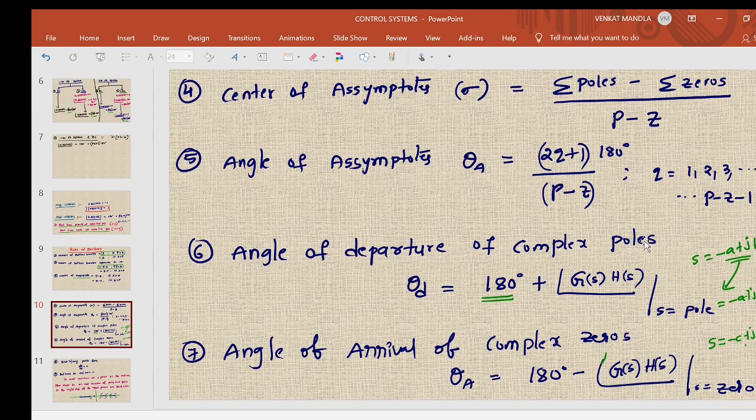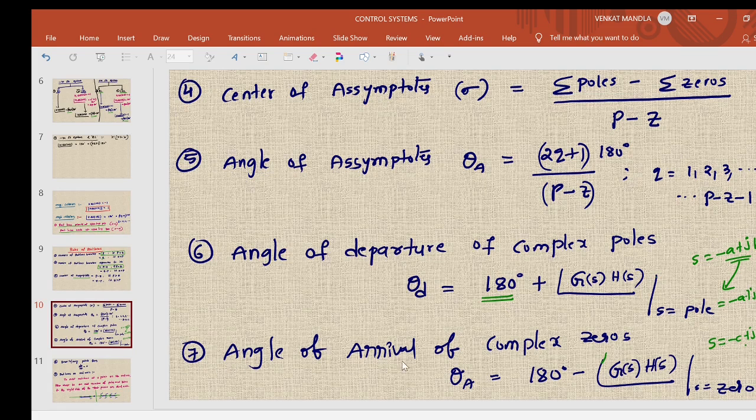Angle of departure for complex poles equals 180 plus the angle of G(s)H(s) at s equal to that pole, right? If that pole is minus a plus jb, we have to substitute s with minus a plus jb in the angle of G(s)H(s). So this is the angle of departure. Here 180 is there, right? This 180 is because of this angle criterion.